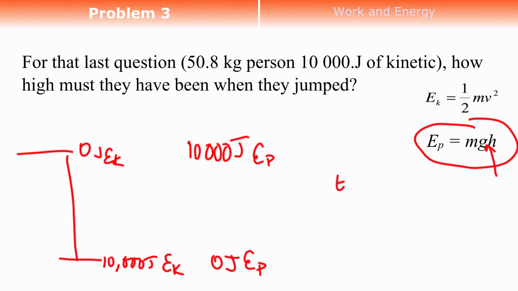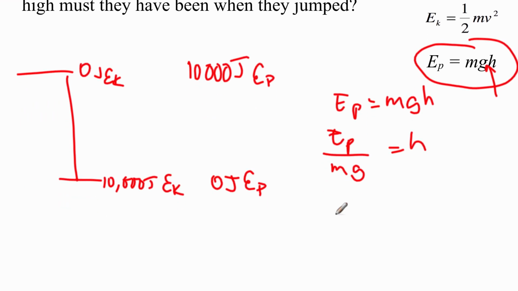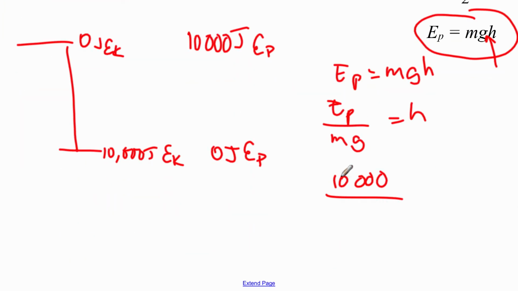So potential energy, mass times gravity times the height. We're solving for the height, so potential energy divided by the mass and gravity will give me the height. And so 10,000 divided by the mass, how big were they? 50.8 times gravity, 9.8.